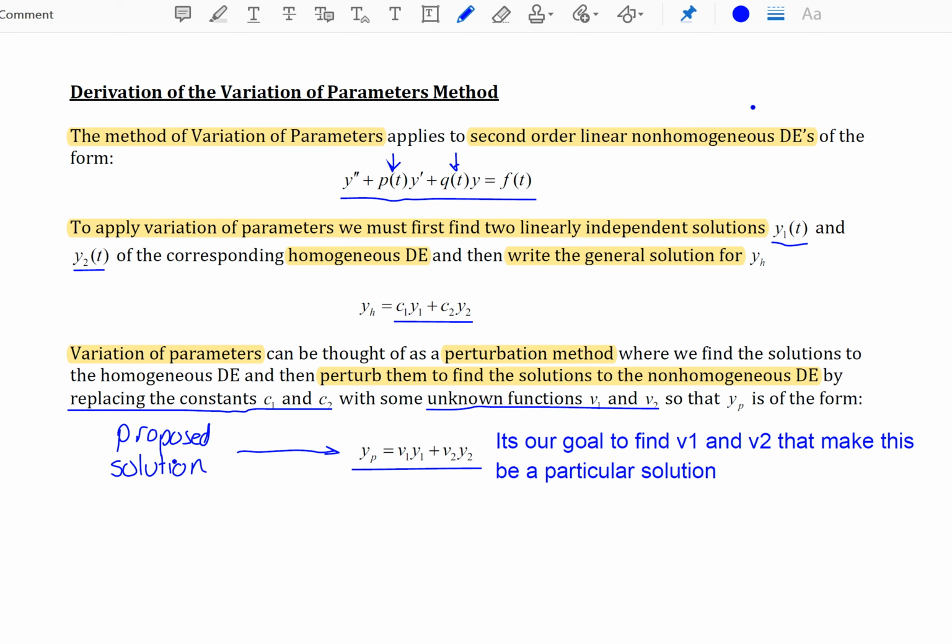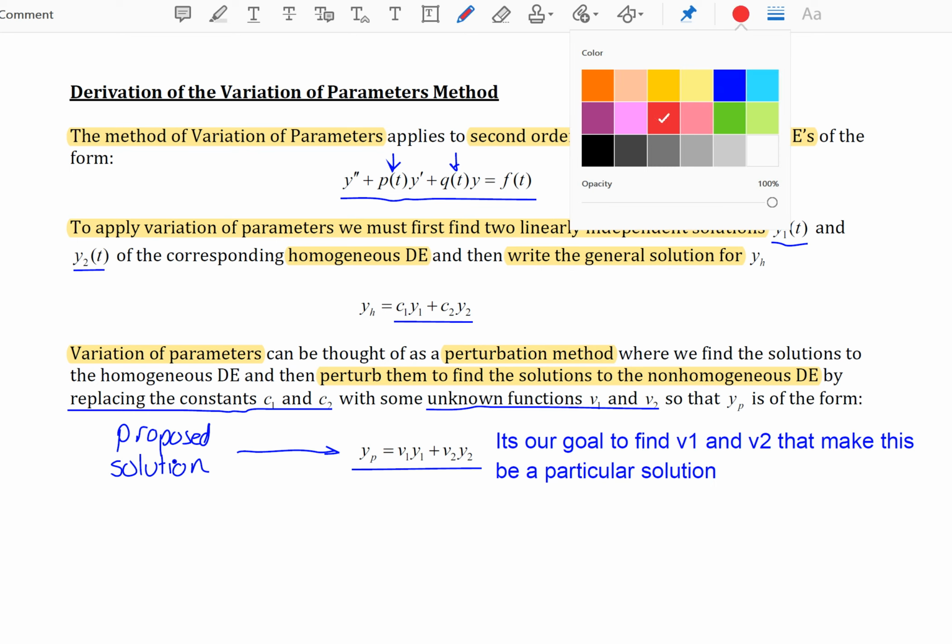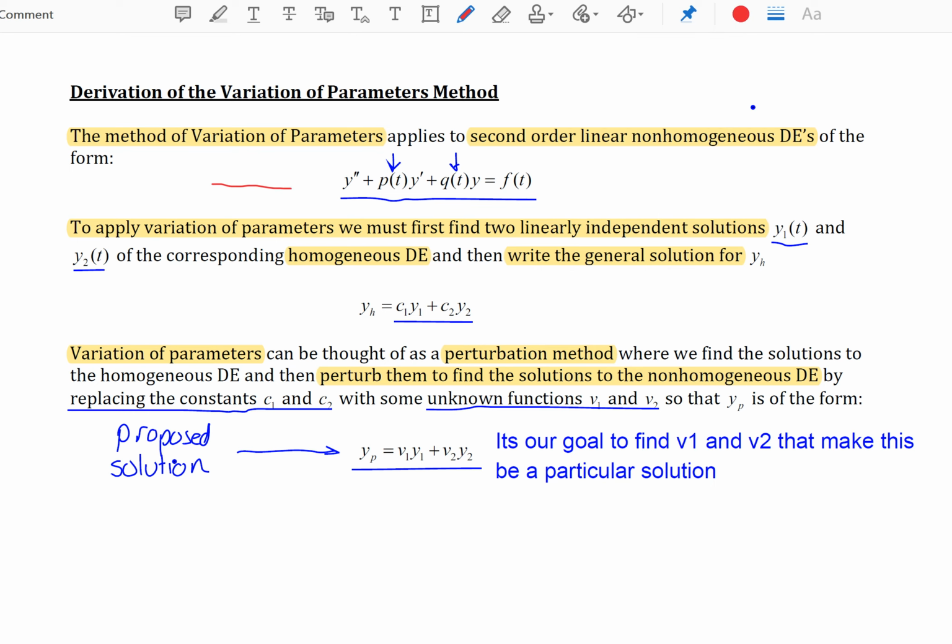This is our proposed solution. And if this is going to be a solution, it has to satisfy the DE. So we're going to evaluate the DE with this solution by plugging it in for y double prime, y prime, and y.